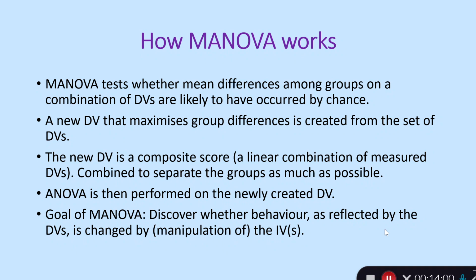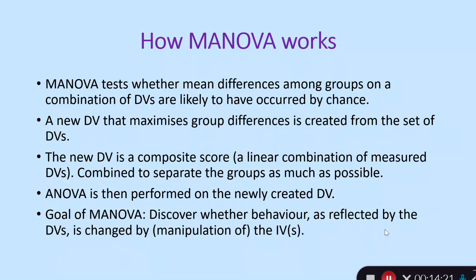If you think about it like this, we've got a matrix with participants in each row, but instead of one DV score for each participant, we've now got multiple DV scores. ANOVA is then performed on the newly created DV, essentially.